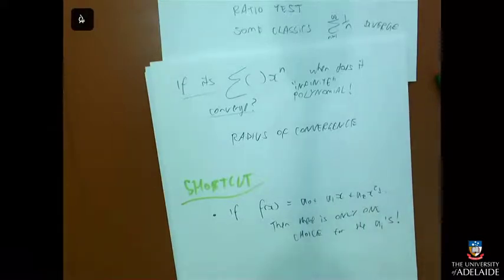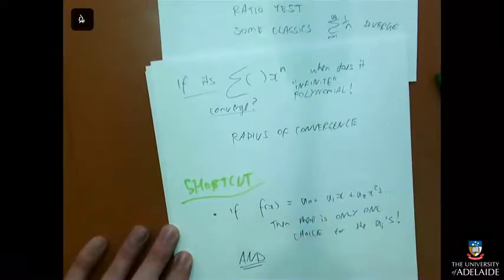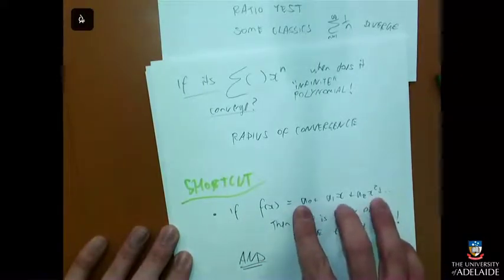And even better, chopping off the beginning of it will give you a Taylor polynomial.